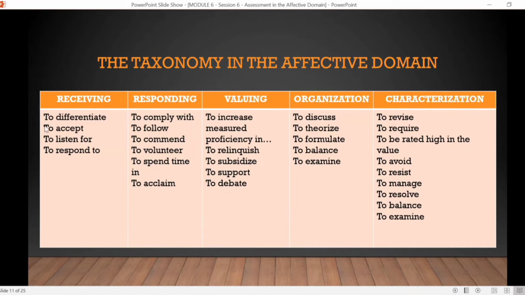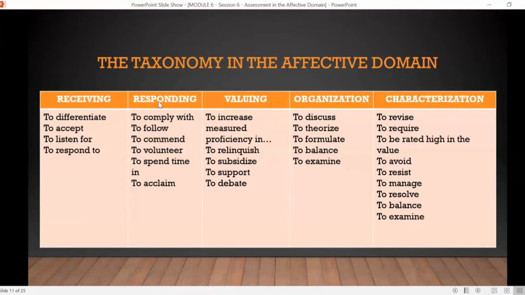Under the receiving level, these are the behavioral verbs you could use in your objectives for the affective domain: to differentiate, to accept, to listen for, to respond to. For responding: to comply with, to follow.